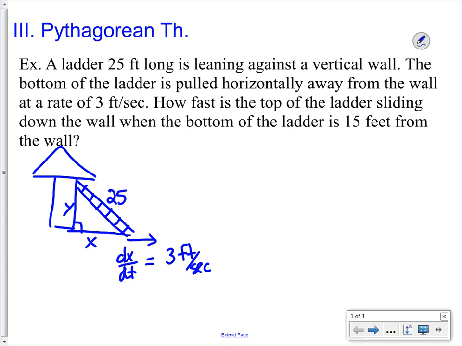How fast is the top of the ladder sliding down the wall when the bottom of the ladder is 15 feet from the wall? So as the ladder slides down, that would be dy/dt, which is what we're solving for. That's our unknown. And it says when the bottom of the ladder is 15 feet. So that would be x equals 15.